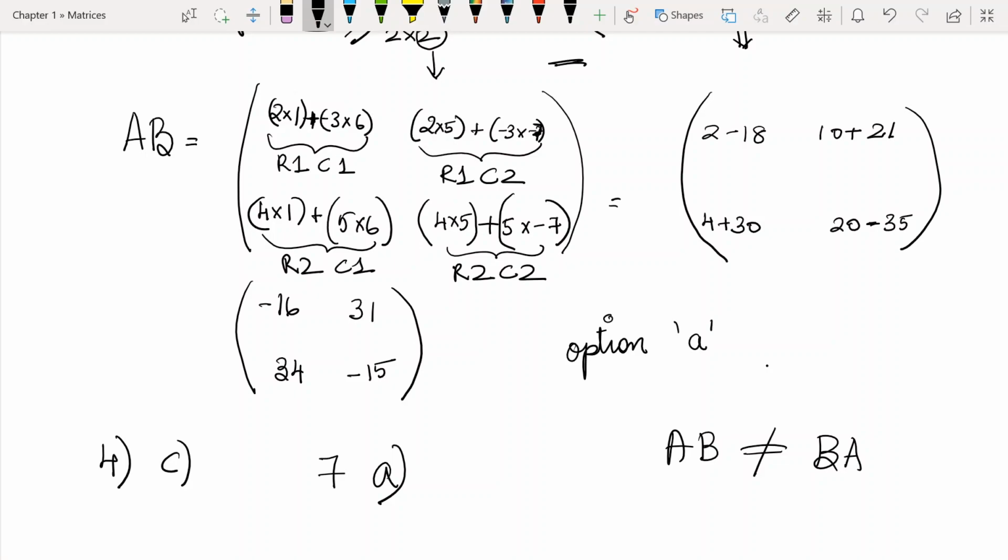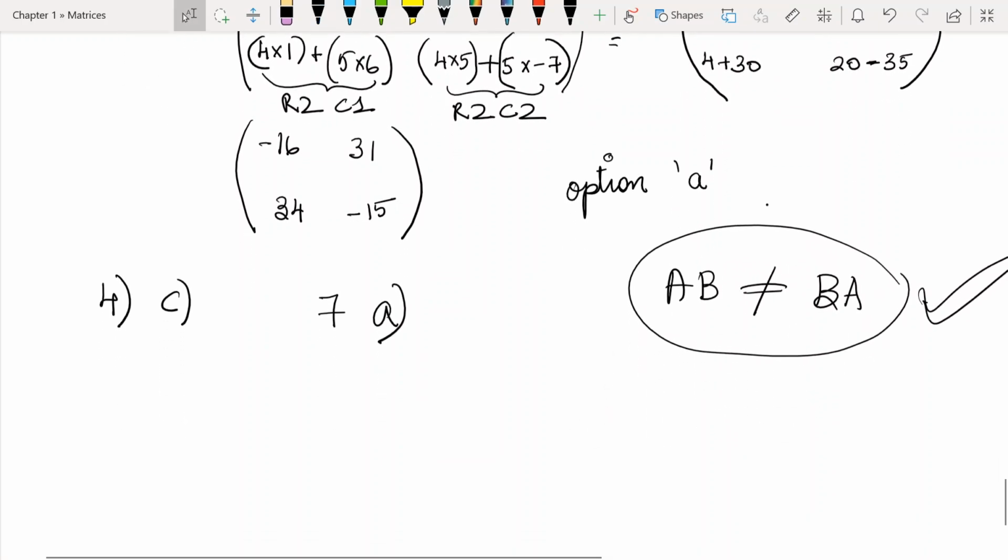So when you multiply the elements, the order of the elements will altogether change. So AB is not equal to BA is true. Okay, product of two matrices will not be equal to the reverse. So in addition, you can add in any order. Subtraction is different. Addition you can add in any order, but in multiplication you cannot multiply in any order. Okay.